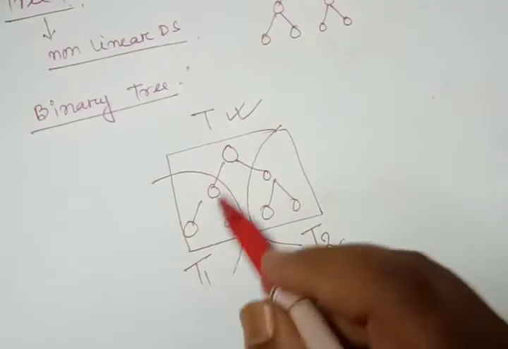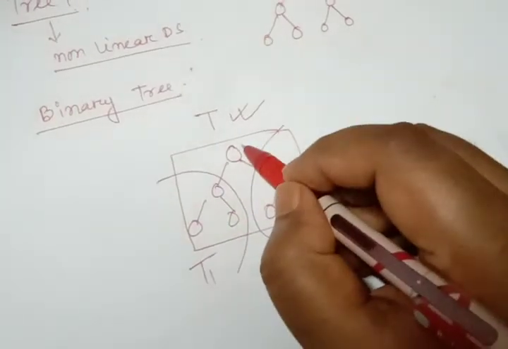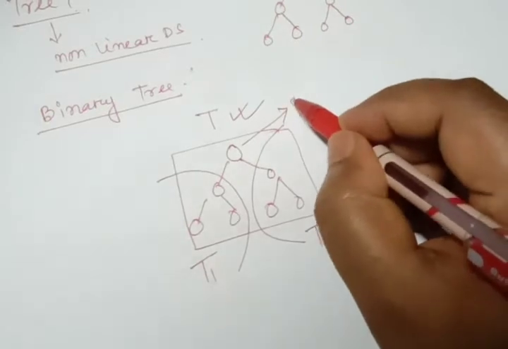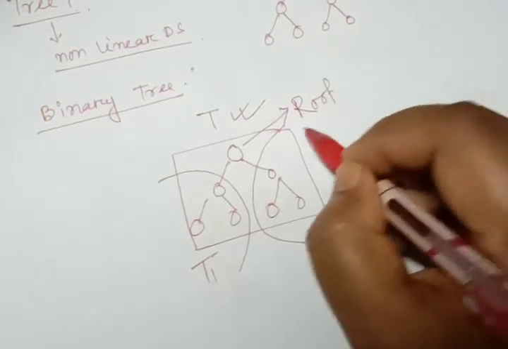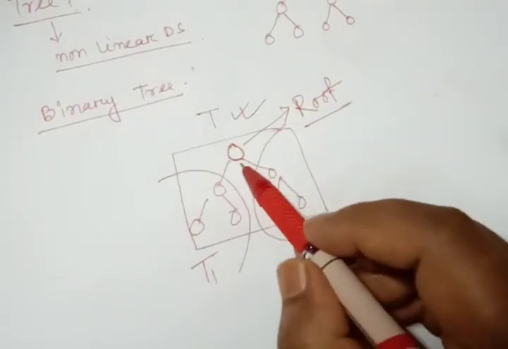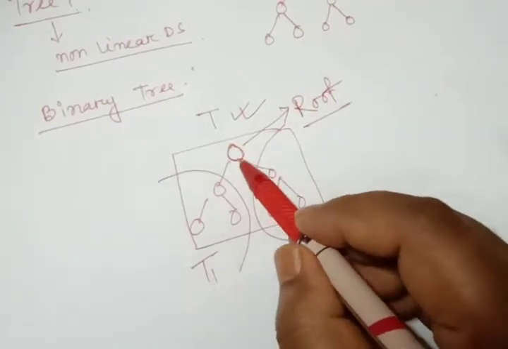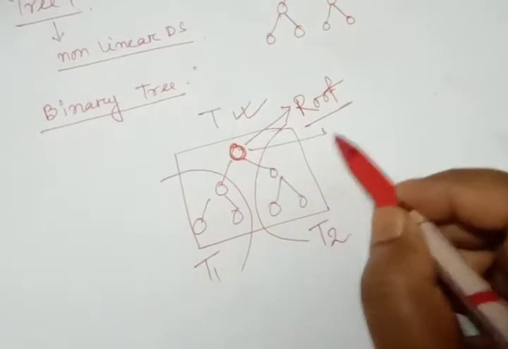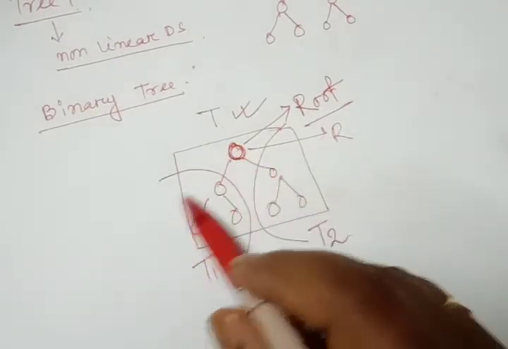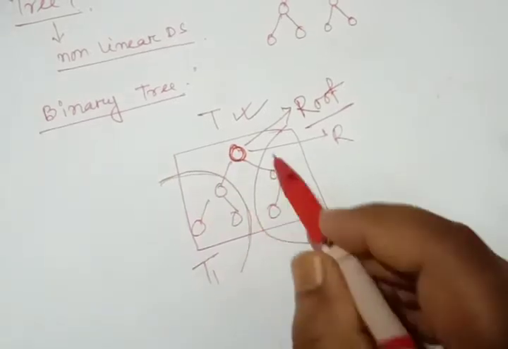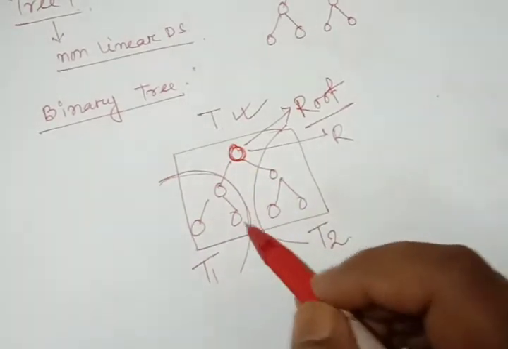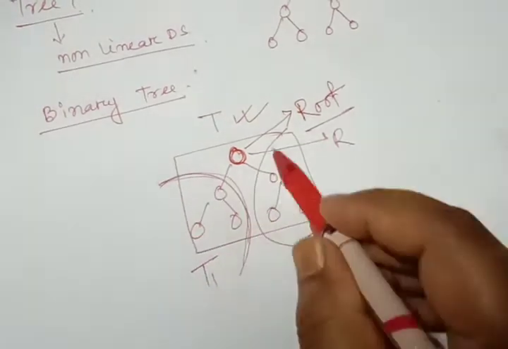So T contains a distinguished root node. That node, the topmost node, is known as the root node. So it is denoted as root. So T contains a distinguished node, capital R. Suppose this is R, called the root node of the T, and the remaining nodes form an ordered pair of binary trees T1 and T2.